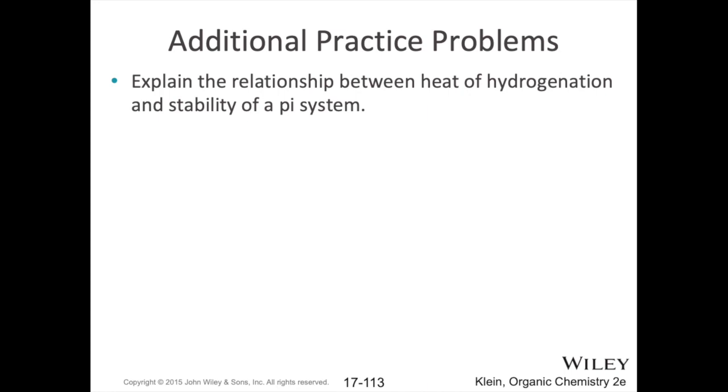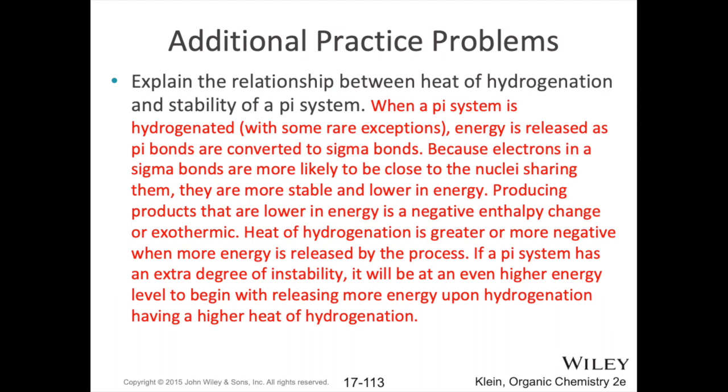Because it has less to travel to drop down in energy. But if you have something that's particularly unstable, it would be at a higher potential energy, and its heat of hydrogenation is higher. Okay, so that's the quick way to tell. If something has a higher heat of hydrogenation, it's less stable than something with a lower heat.